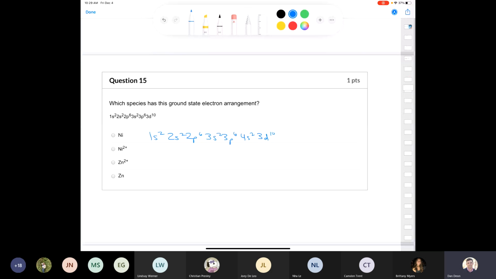But then we have the first in, first out rule, right? So if we have that ground state electron configuration, it's asking us what species, not what atom. So this is going to be an ion. What's going to have this many electrons?